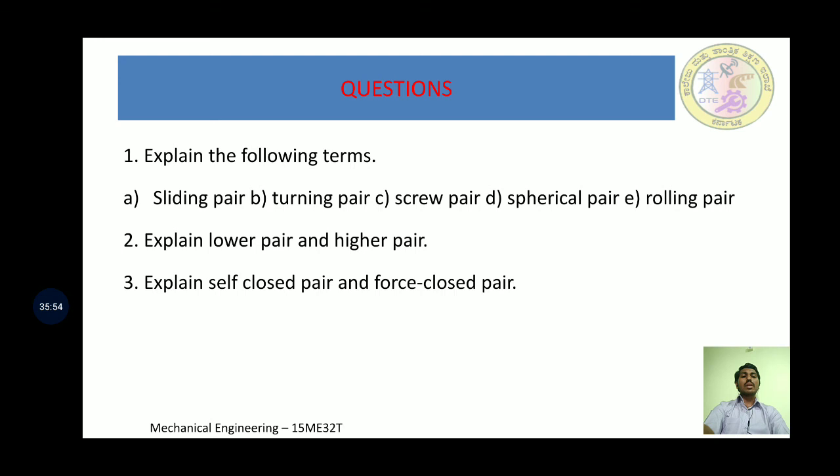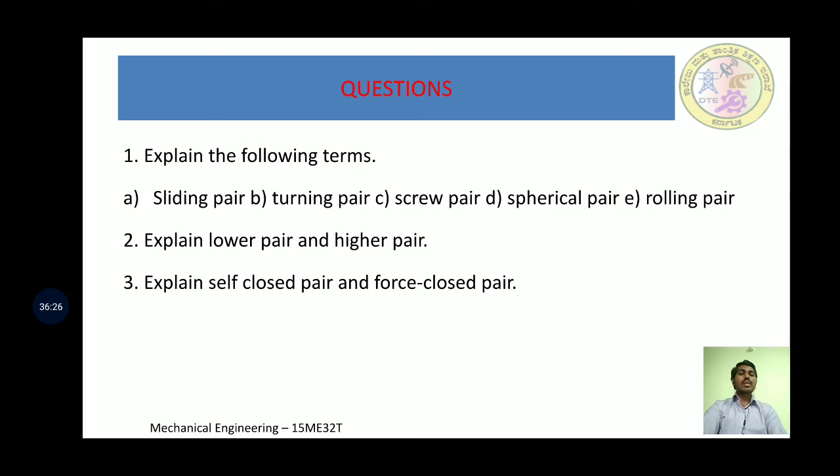Example, the lead screw of a lathe with nut. Spherical pair, one element with spherical shape turns or swivels about the fixed link. Example, ball and socket joint. Rolling pair, one rolls over another fixed link. Example, ball and roller bearing. It carries 5 marks.